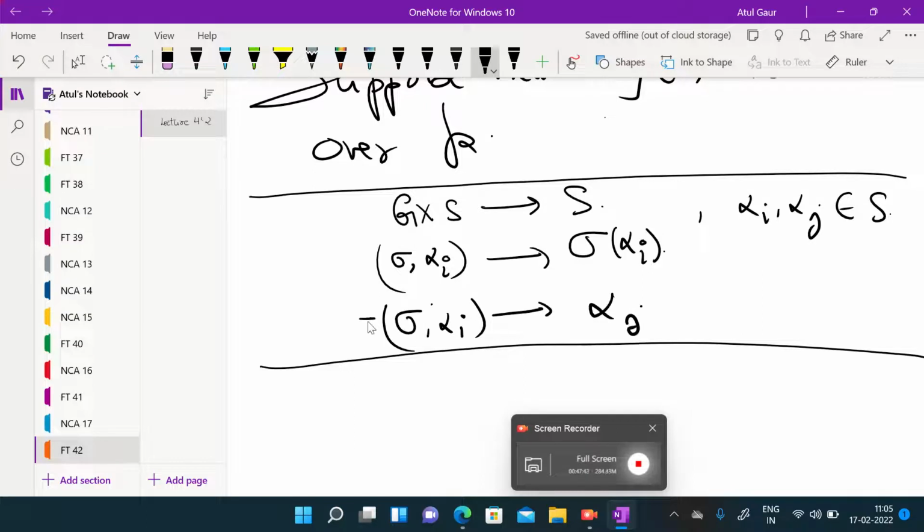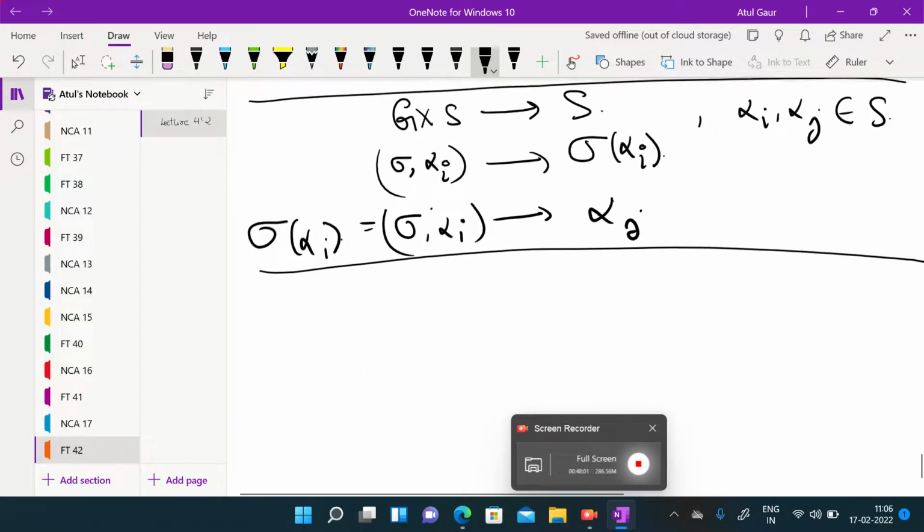That means sigma of alpha_i equals alpha_j. So for any pair alpha_i, alpha_j in S, if you have an automorphism which maps one to the other, then the action will be transitive, right? So that's what we want.